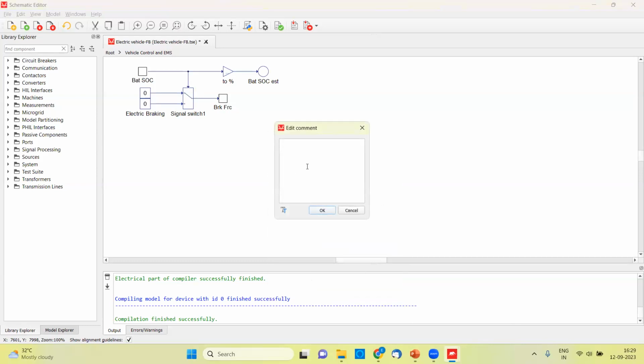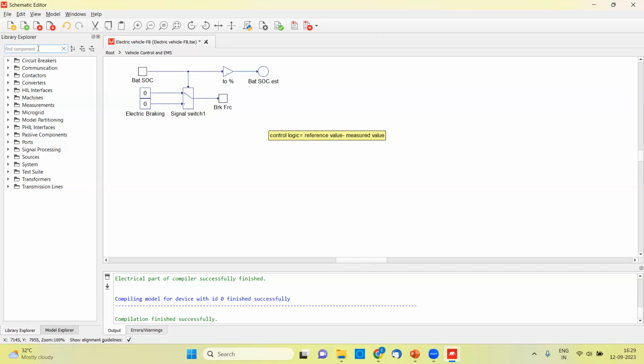Whenever we are using some control logic, it has some reference value minus the measured value. So this is the most basic logic for determining the control.